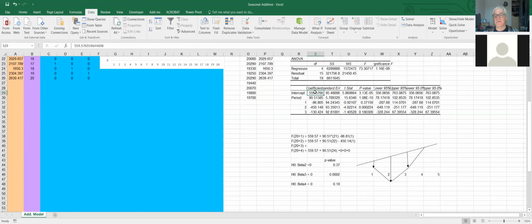559.57 intercept, plus 90.51 as the coefficient of time, times time 21, B0 times T. That's the linear trend element in this model. Now you add to it the seasonal effect. This seasonal effect is negative.